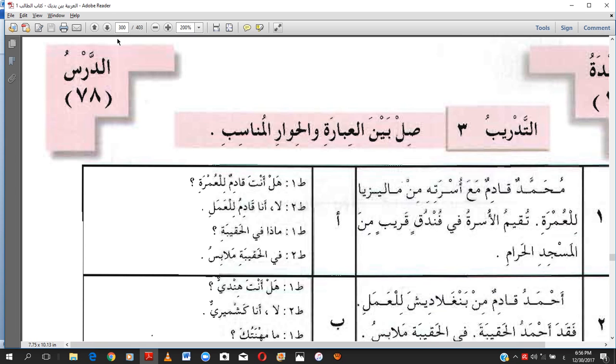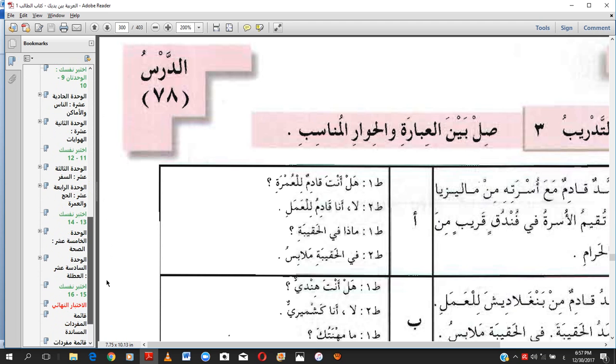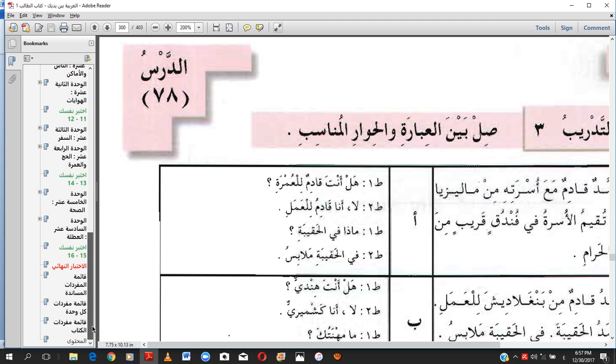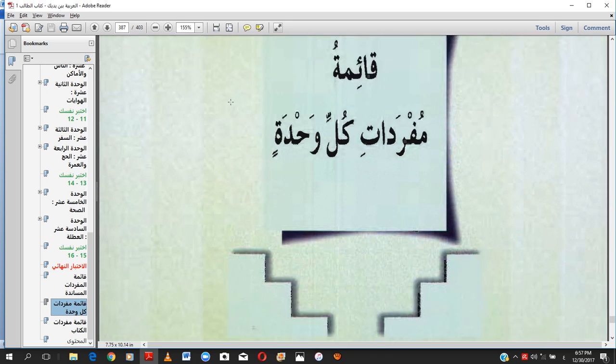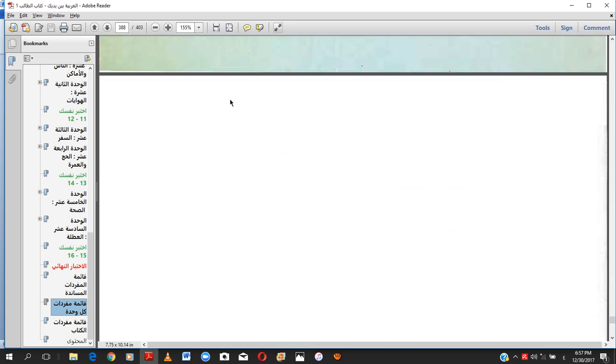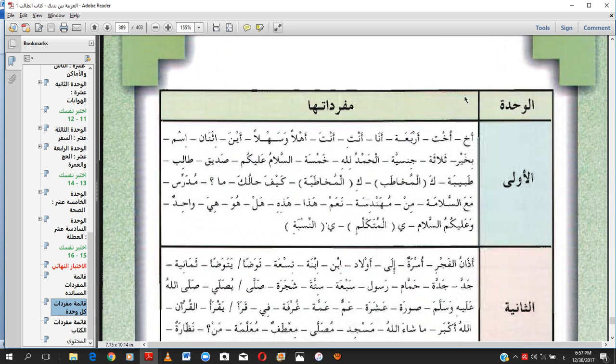Let's see. Oh, it makes it much easier. The vocabulary list. Okay, so 387. If you go to 387 in the back of your book, you will find this.